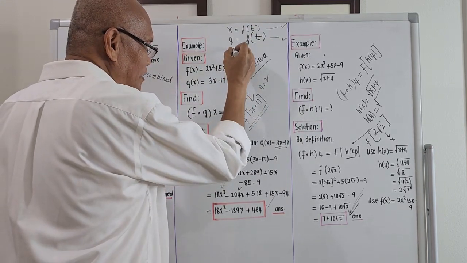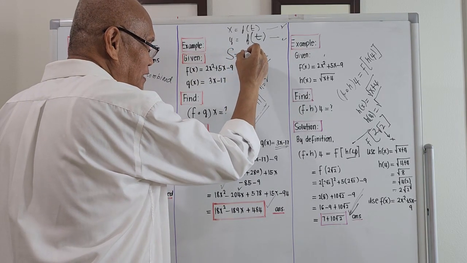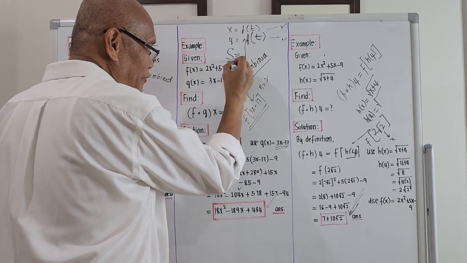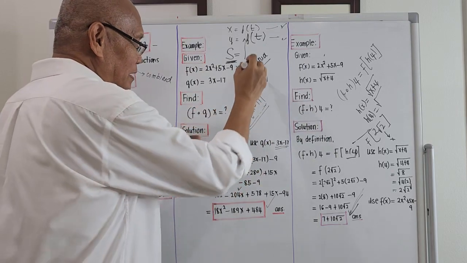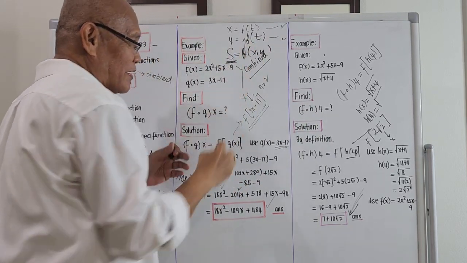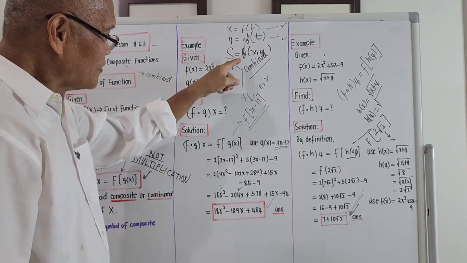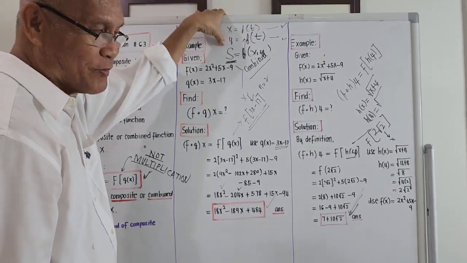And there could be another third variable S maybe, and we must bring out this S here. It's just a representation in terms of a function of x and y, right? So to get S as a function of x and y, we are given the first equation, we are given the second equation.